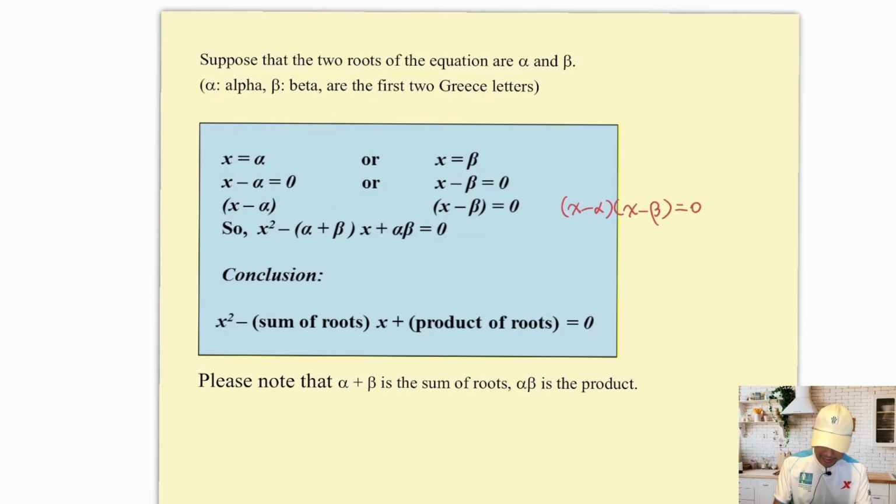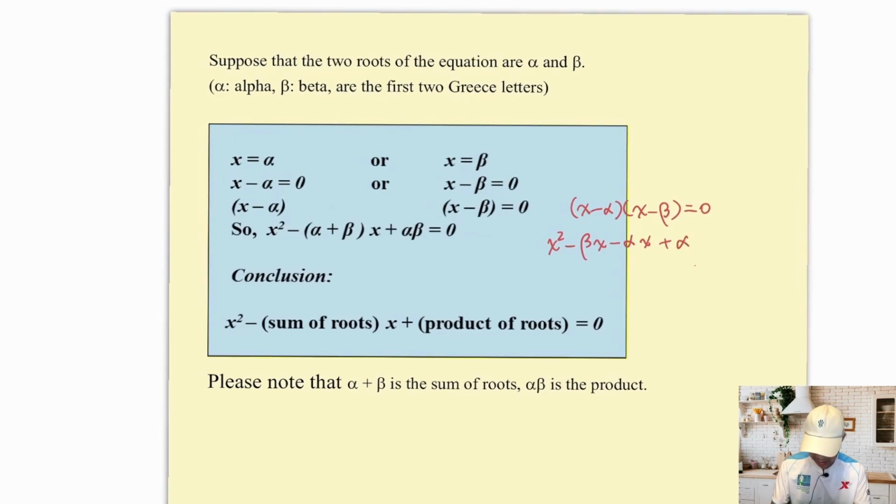Okay, and then the product of them should be s squared minus beta s minus alpha s plus alpha beta is 0. So you see that for negative alpha s minus beta s, we take the negative outside, so we have these steps.